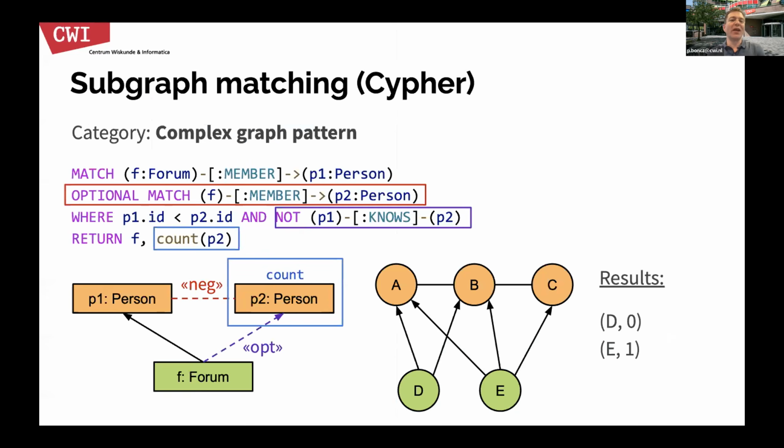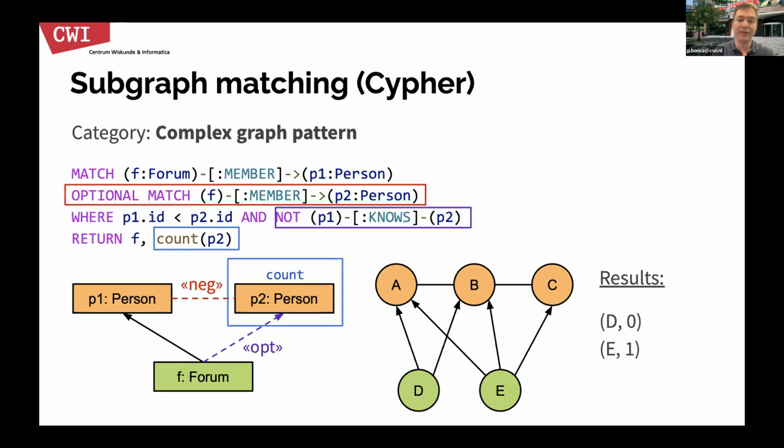If we look at more complex patterns that you can express in graph query languages, then, for instance, you can think of optional matches. We depict those here with dashed lines, or negation and aggregation. So here we are asking for people that are members of a forum, and then do not know a person that is potentially also a member of this forum or not.